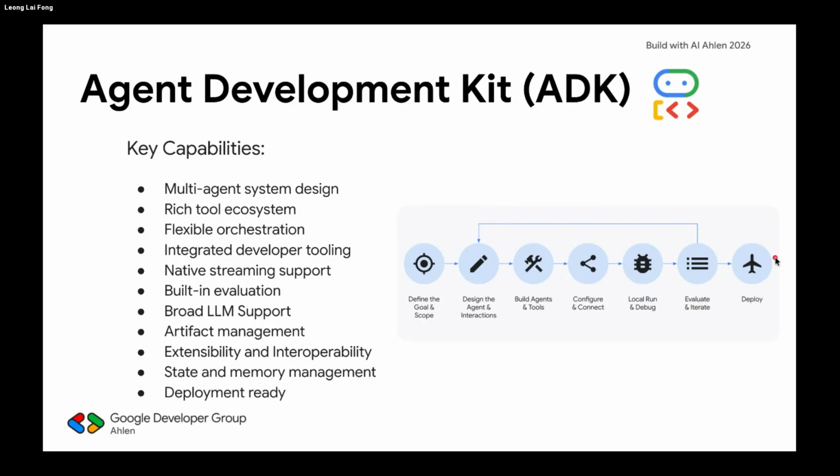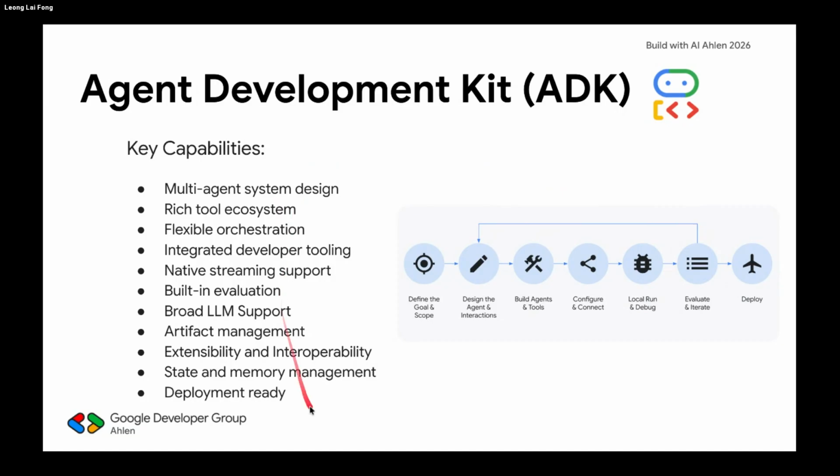So this is the overview of the key capabilities of the ADK. Just to highlight, it also covers multi-agent system design, and can cover more complex multi-agent systems and so on.